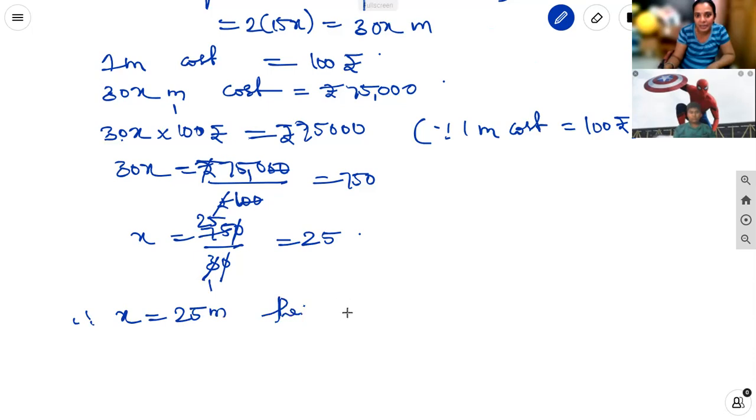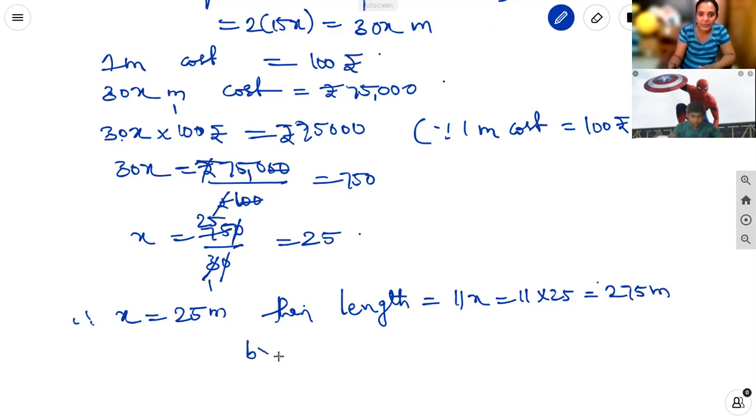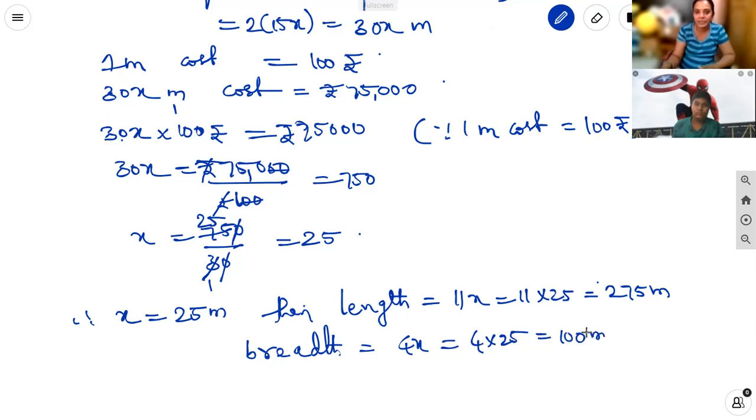Then length equal to 11x equal to 11 into 25. 275 meters length. Breadth equal to 4x, that is 4 into 25 equal to 100 meters breadth.